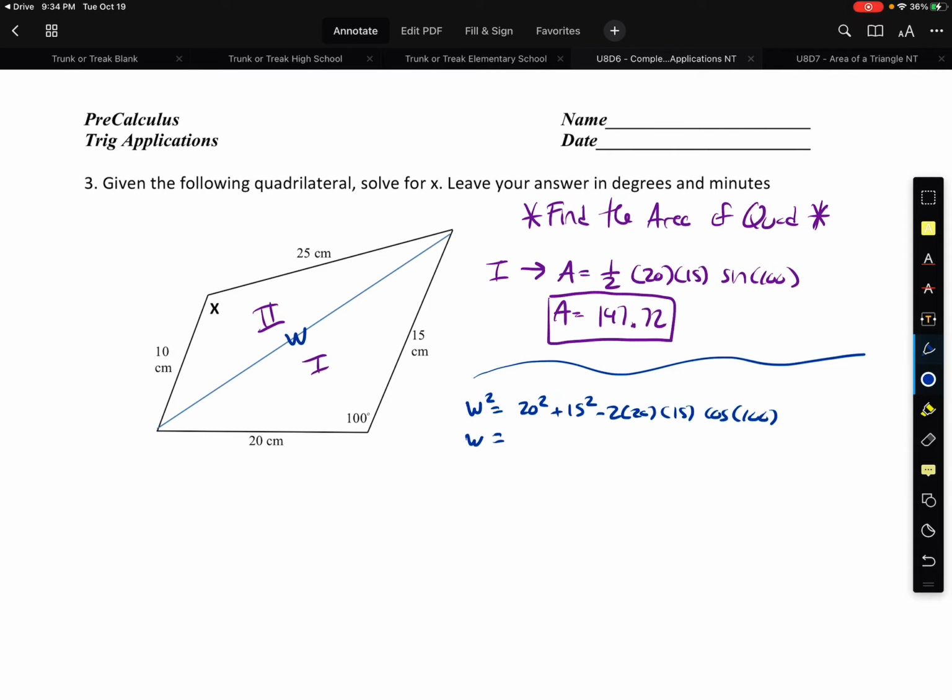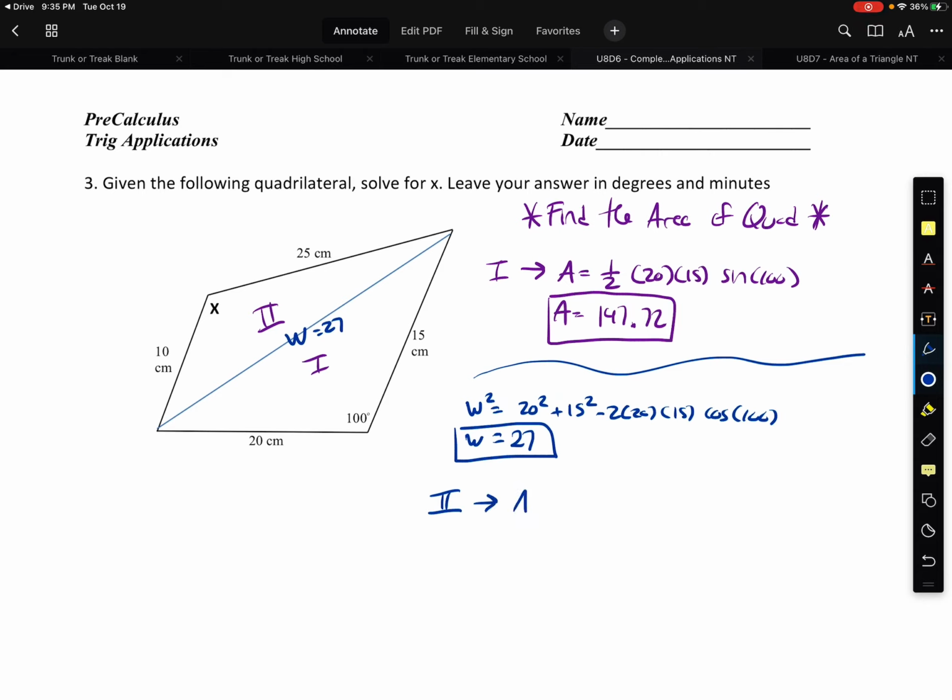Let me check: 20 squared plus 15 squared minus 2 times 20 times 15 cos 100, and I take the square root of that number. I get 27.00. Good enough.